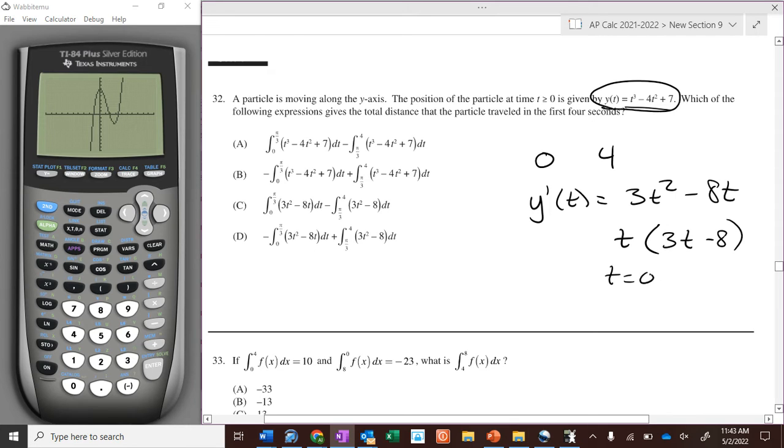So t equals 0 and t equals 8/3. So when they made this problem, they put pi over 3. Those are all supposed to be 8/3. They made a mistake on this test.